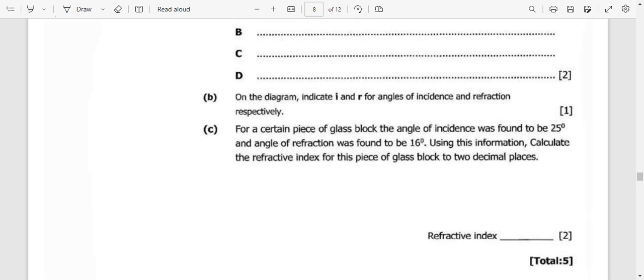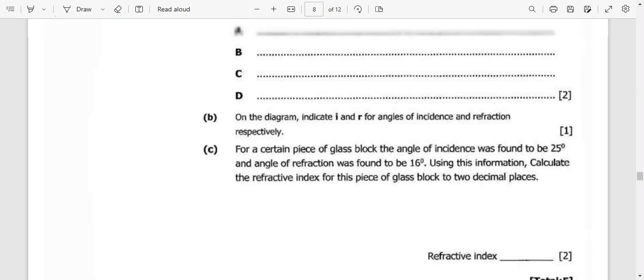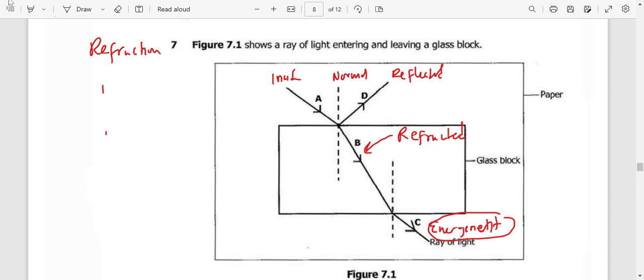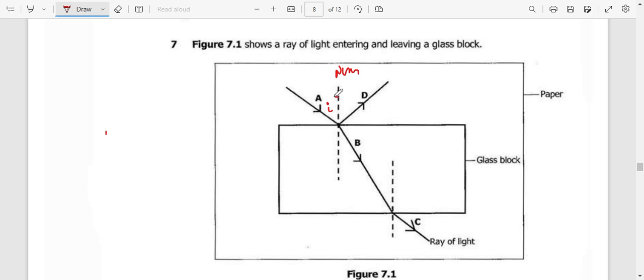And then for B, on the diagram, indicate I and R for the angles of incidence and refraction respectively. So you want to indicate the angle of incidence and the angle of refraction on this diagram. The angle of incidence is the angle made between the normal and the incident ray. So this is the angle of incidence.